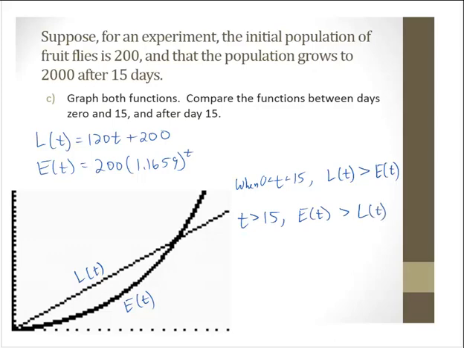If you remember how the graph of exponential functions looks, that exponential function is going to increase very rapidly, whereas the linear function is going to keep steadily increasing very slowly compared to the exponential function.